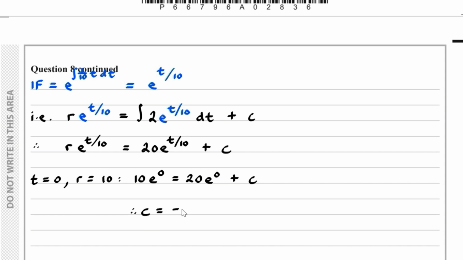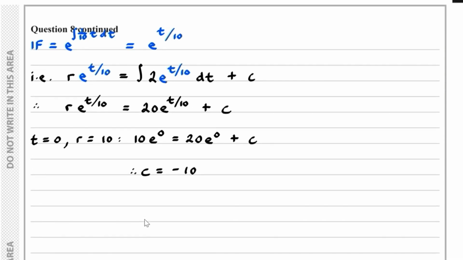So therefore c is equal to minus 10. And knowing that c is equal to minus 10, the particular solution, we have r e to the power of t over 10 equals 20 e to the power of t over 10 minus 10.